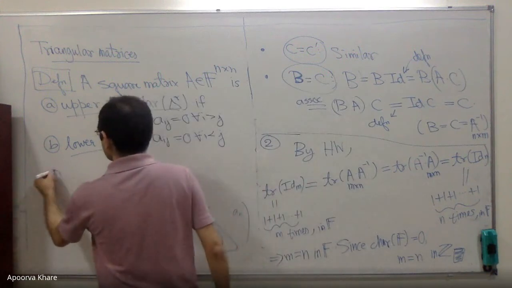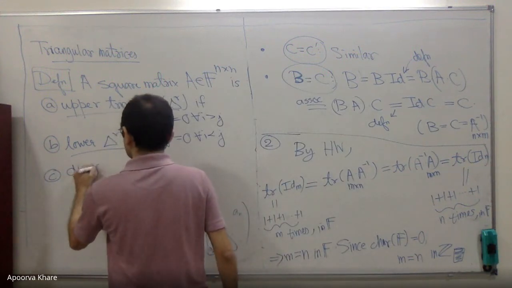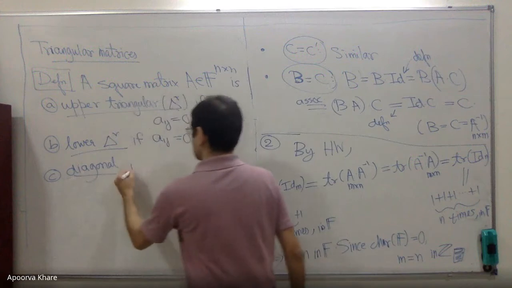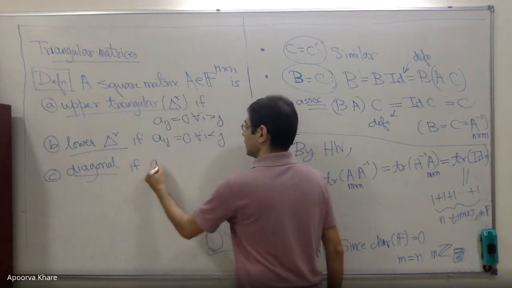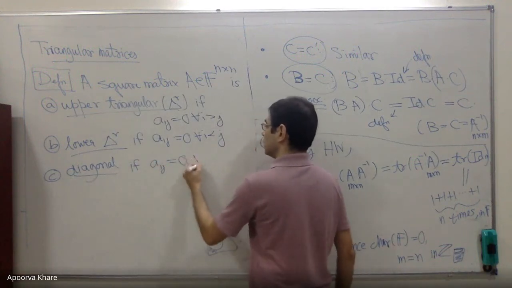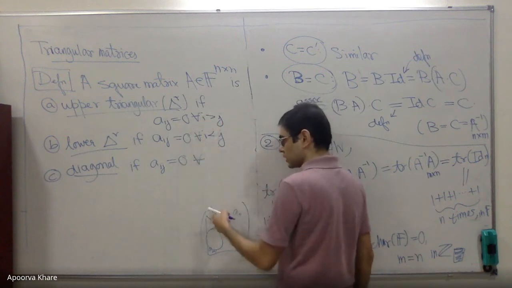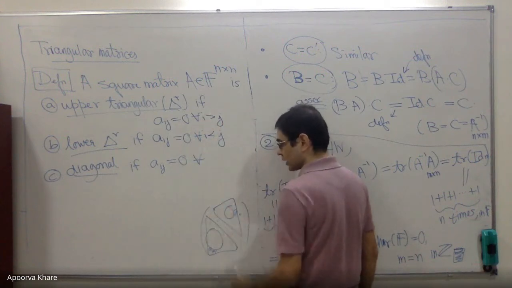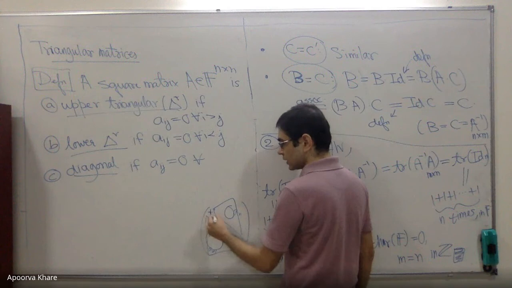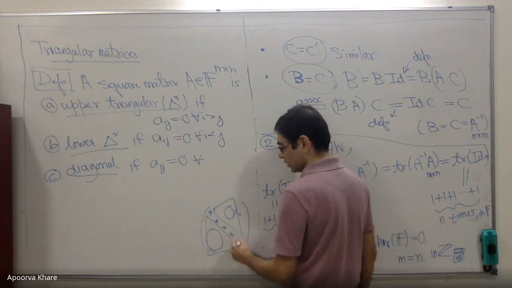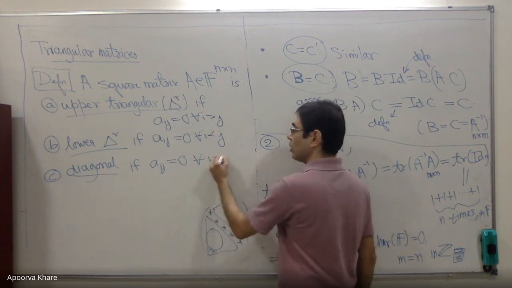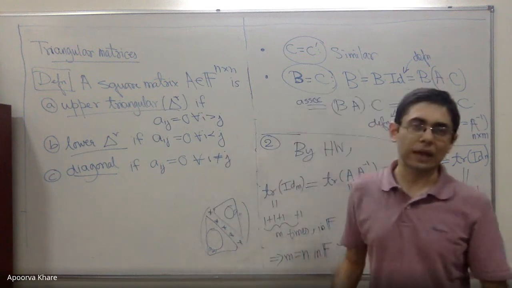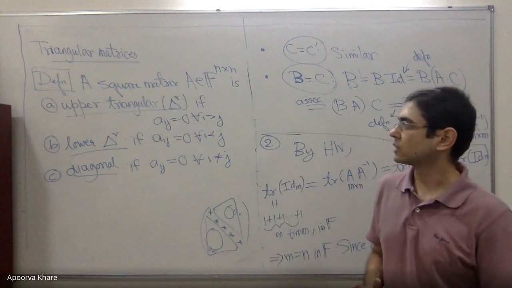And then it is diagonal if A_ij equals 0 for both this and this. So terms above the diagonal are 0 and terms below the diagonal are 0. So the only terms that are non-zero are on the main diagonal; for all i not equal to j, either less than or bigger, all of those terms are 0.